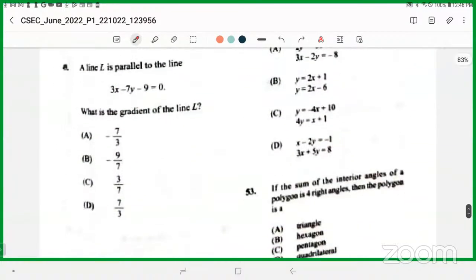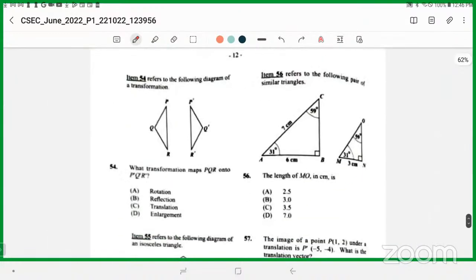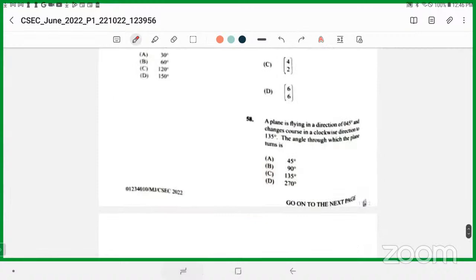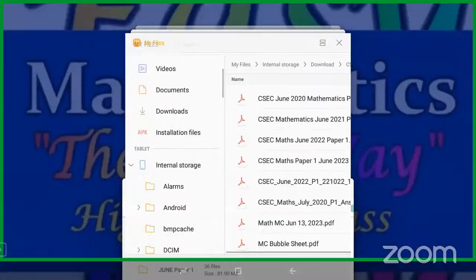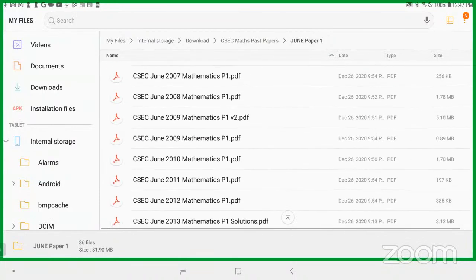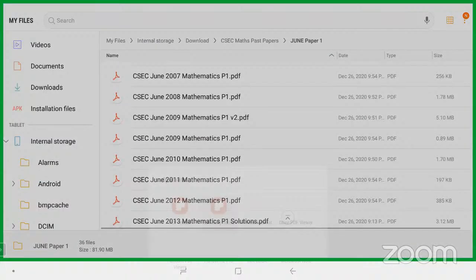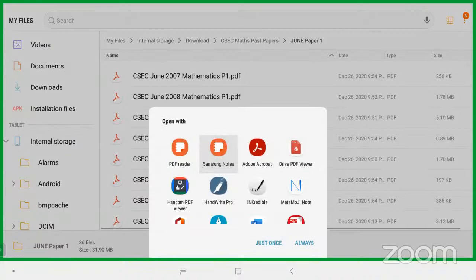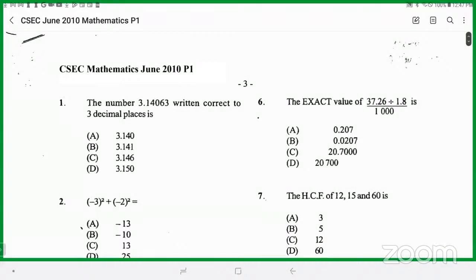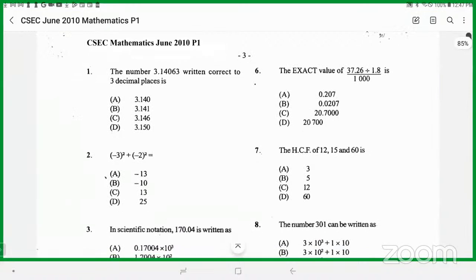Let's see if there's any other, any different one. All right, tell you what I'm going to do. I'm going to look at one of the older papers, like 2010. All right, this is 2010 June.